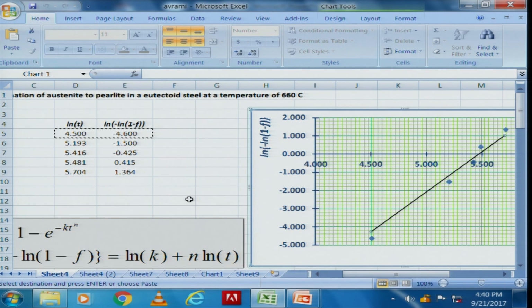So, what we do is we have already linearized this equation.